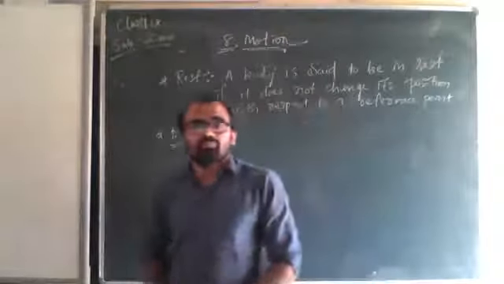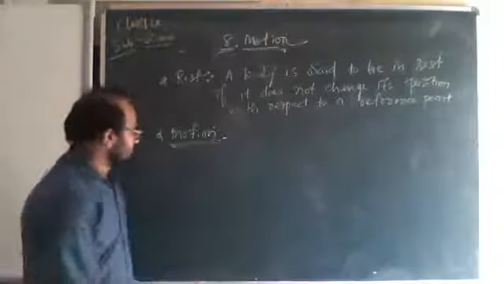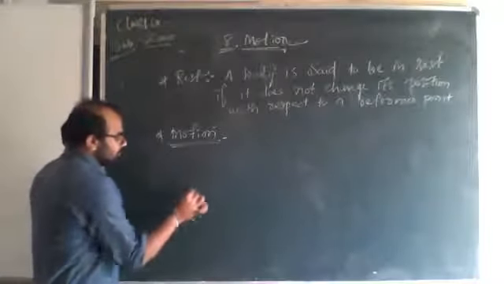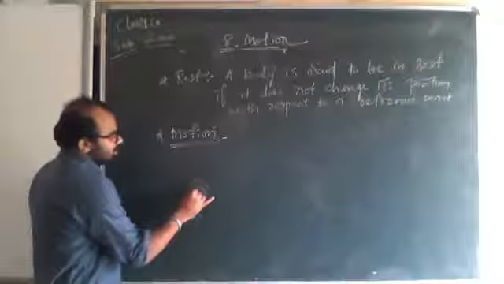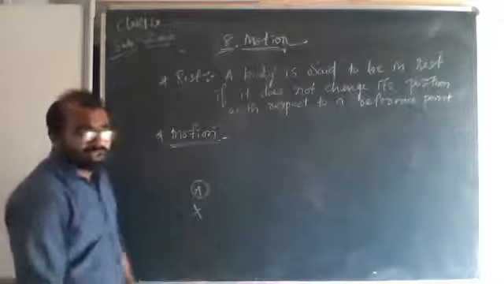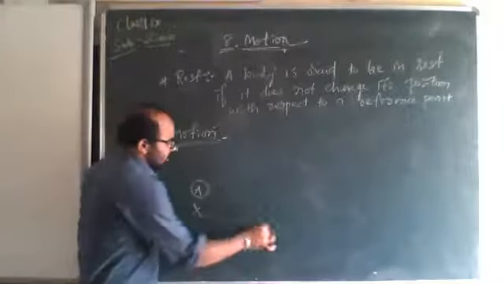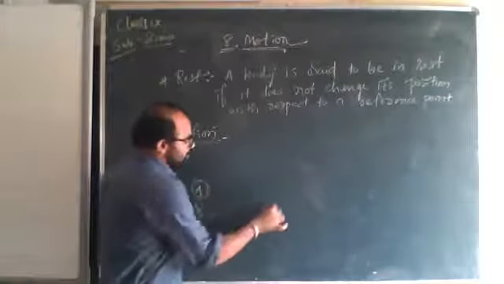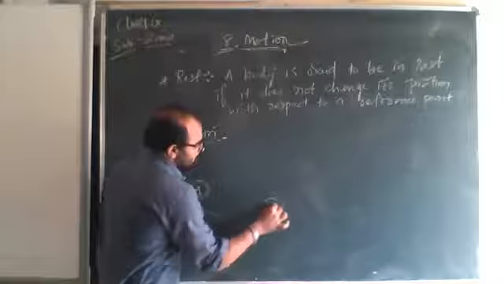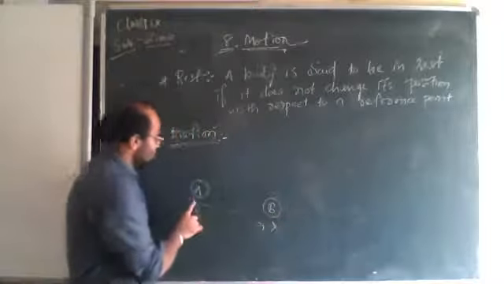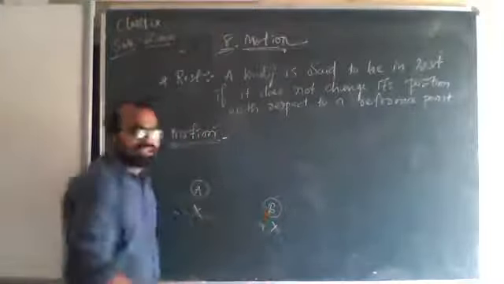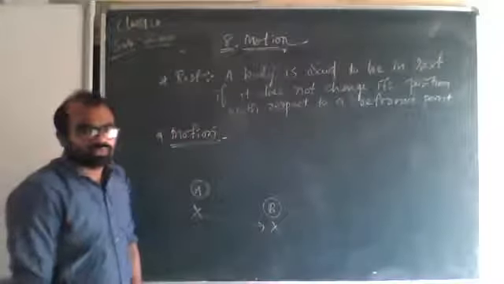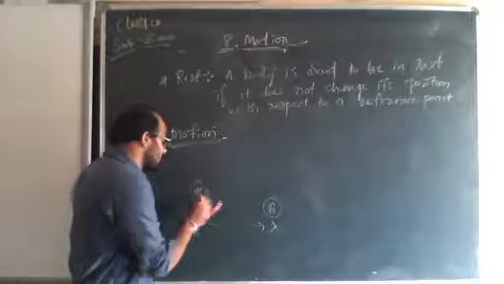Okay, so then what is motion? Suppose a person X is here, at place A. He moved from this point, point A, to point B. The same person X moved from point A to point B. He made a motion. That means this is my reference point.